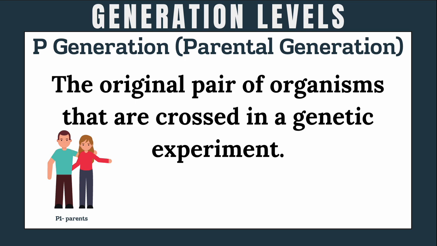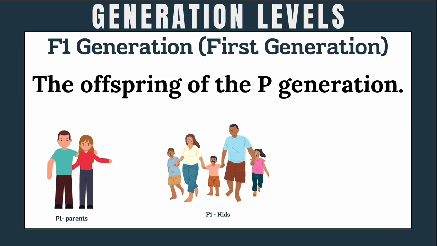And the last thing I need you to know for sure for types of dominance is also the generation levels. So your P generation would be your parental generation. This is the original pair of organisms that are crossed in a genetic experiment. So think of your P1 would be parents. Your next level would be your F1 generation.